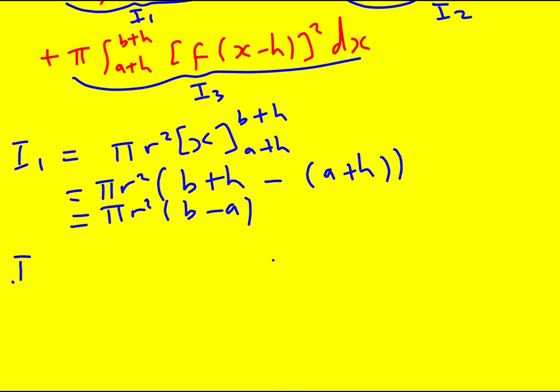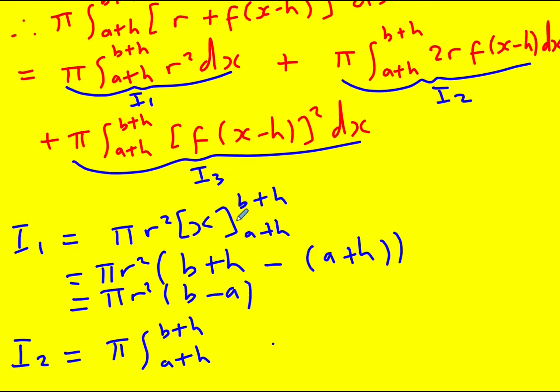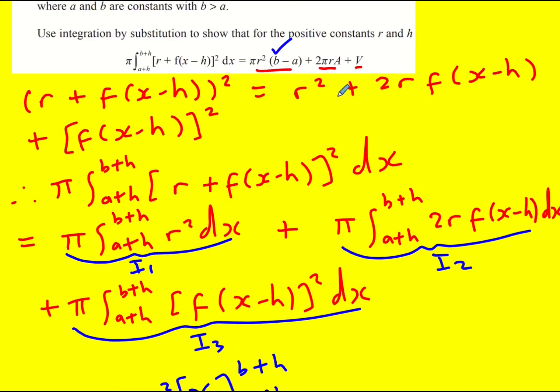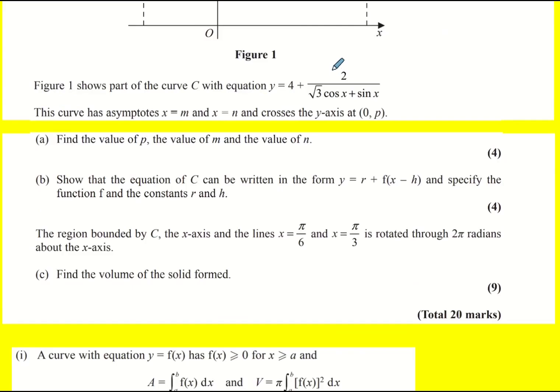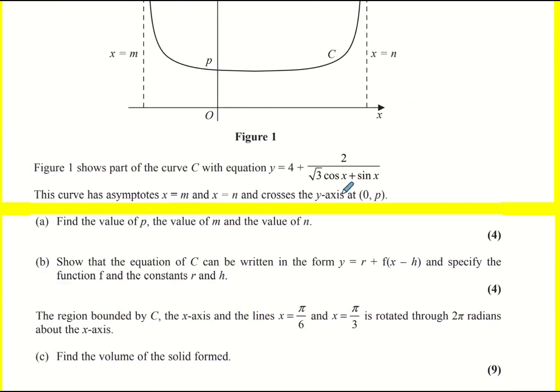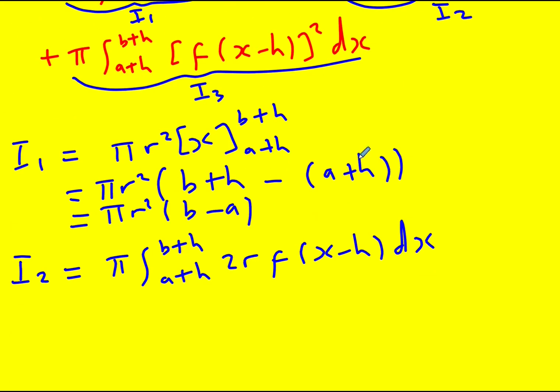Looking at I2, we've got 2r f of x minus h dx. And we're trying to get it in terms of the area. Now, don't forget the area was when we had just the function by itself, no plus h or anything, and we were integrating between a and b. So this gives a good idea for a substitution.